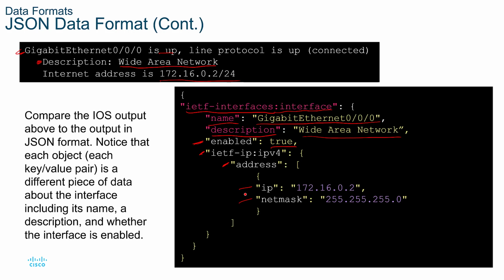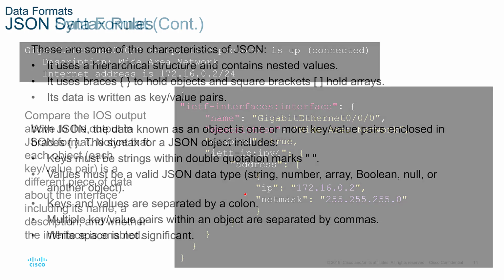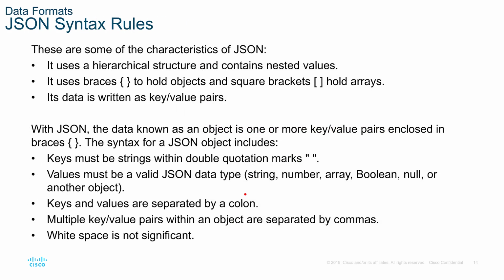So there are specific rules we need to be aware of when we are dealing with JSON. Some of the characteristics of JSON, first of all, it's very hierarchical. It means it's about containing nested data. So when we do it, we may have our data, then it will tab in and then tab in.